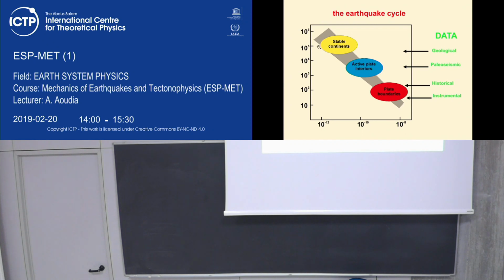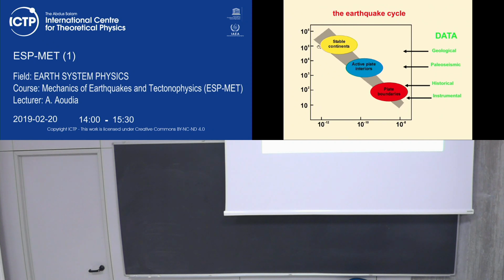What I'm plotting here is time versus strain. Okay, this is strain. I'm getting to larger strains and smaller strains within the system, and small times in terms of years to millions of years.